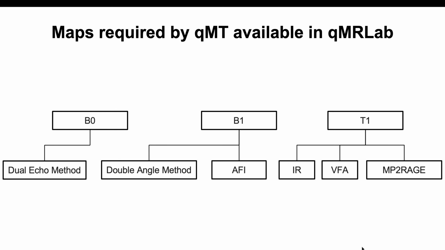As some of you might know, qMT, especially done using SPGR, requires some additional maps, so B0, B1, and T1, but our demo includes these already fitted, so I won't cover how to produce these maps. You can produce them either with our software or with another software, and then just load them.